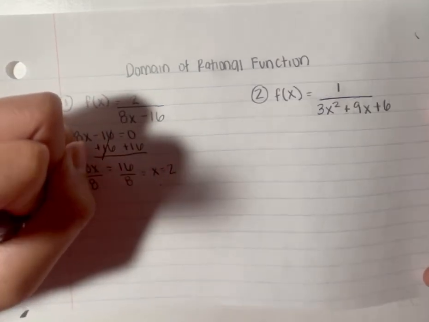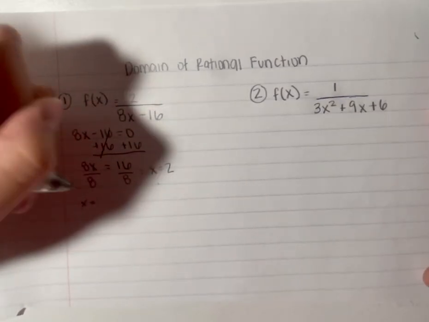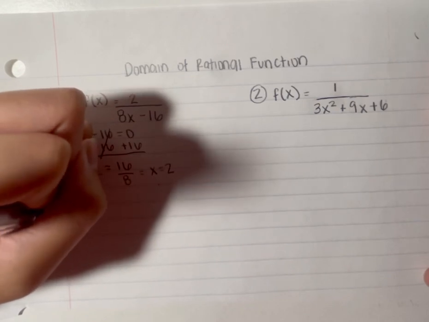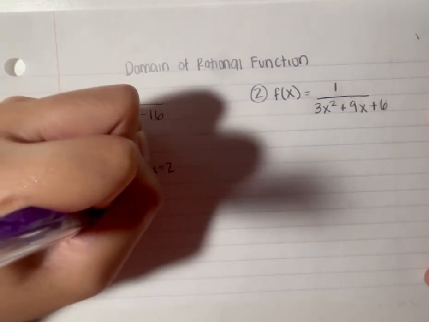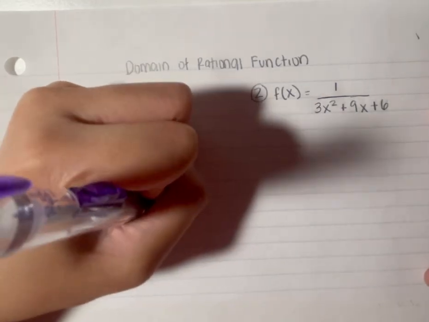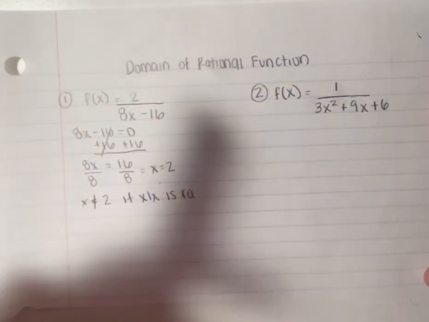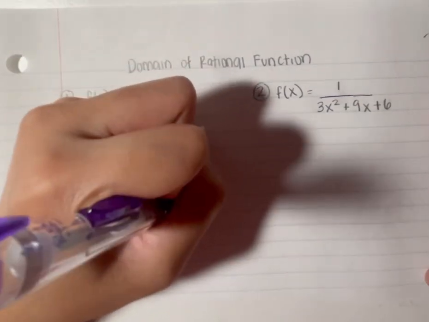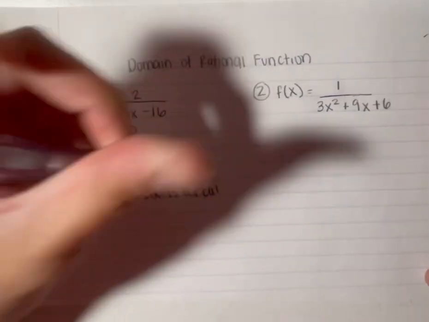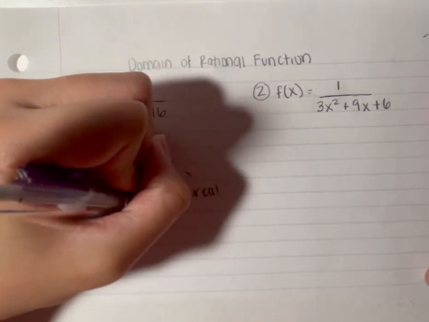So the set notation will be x does not equal 2, if x is a real number.